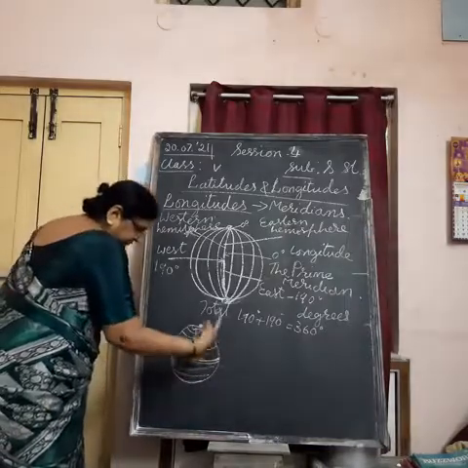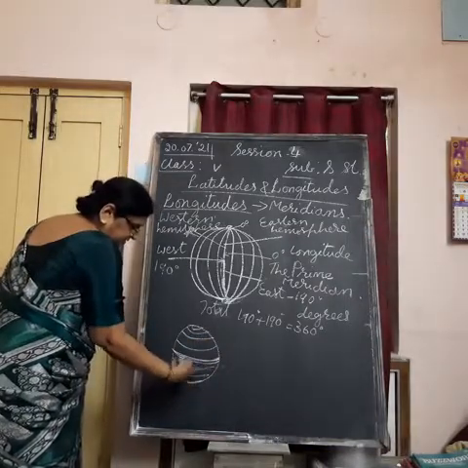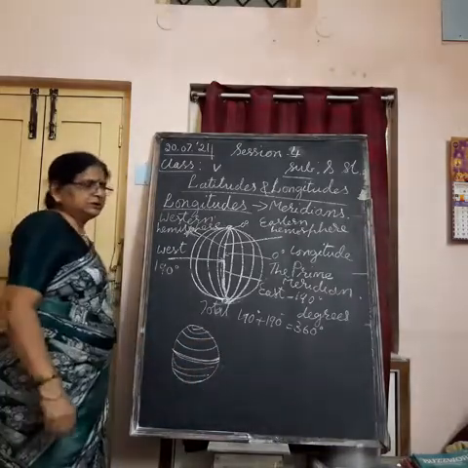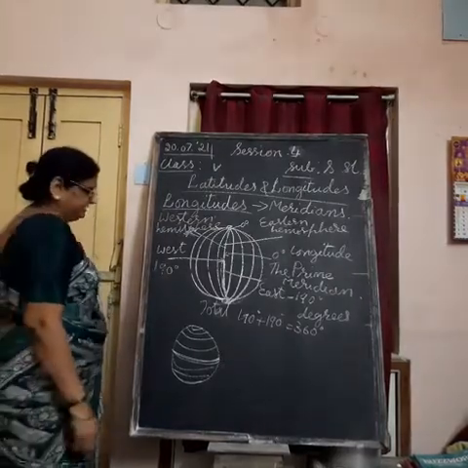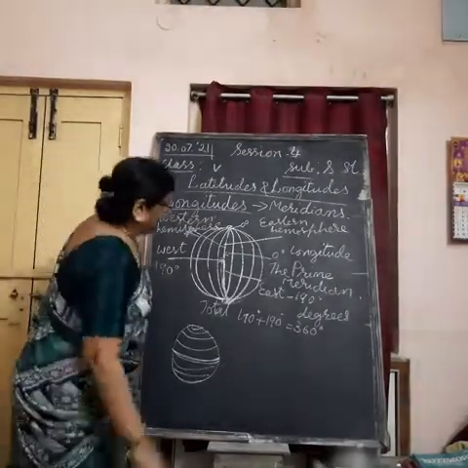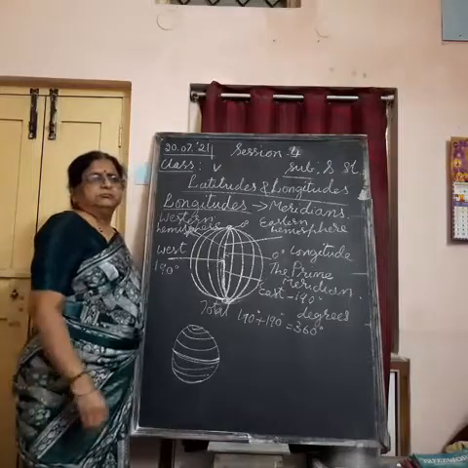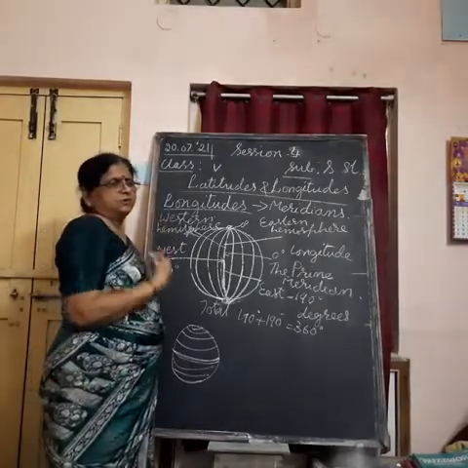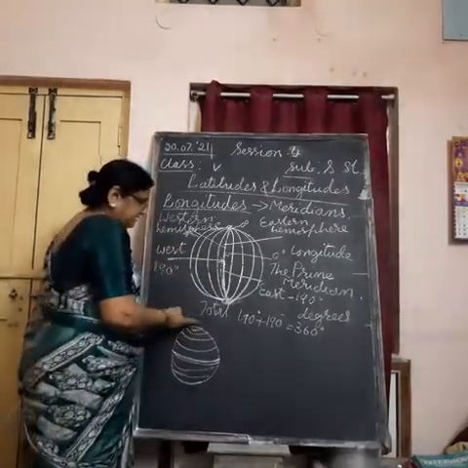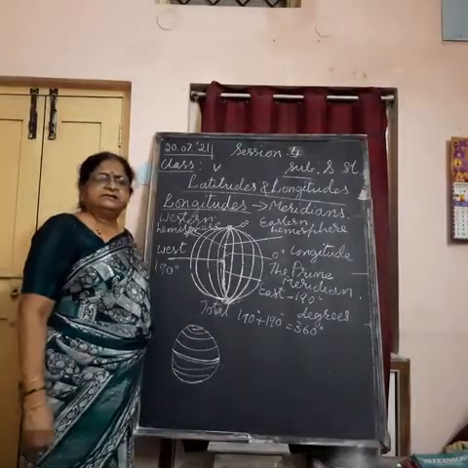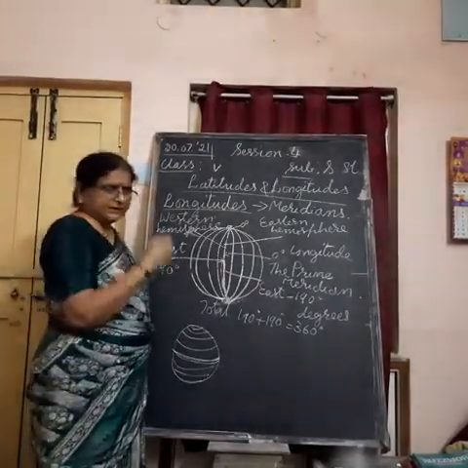And the size of the latitudes decreases towards the south also. Understand? The size becomes smaller and smaller. At the end, 90 degree is also a latitude, but it looks like a dot.